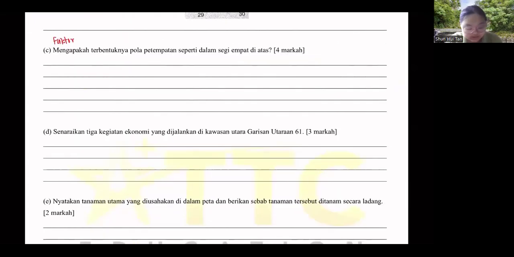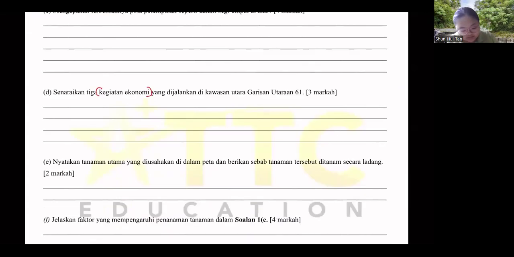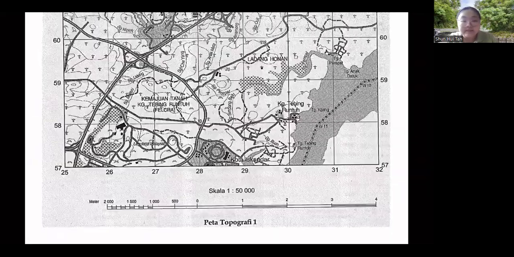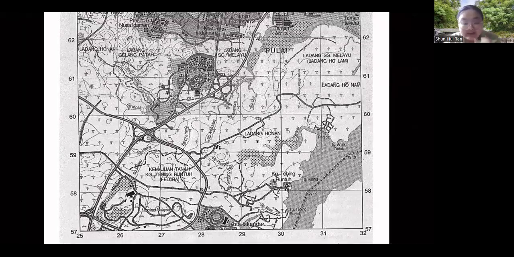Same, they come here. Kegiatan ekonomi, nyatakan tanaman, and then I see a bit different here already. Just now ask you about river, now ask you faktor mempengaruhi tanaman. So let's find out first. They say, what is the tanaman utama dalam peta? Go back to the second map. What is the main plantation in this map?